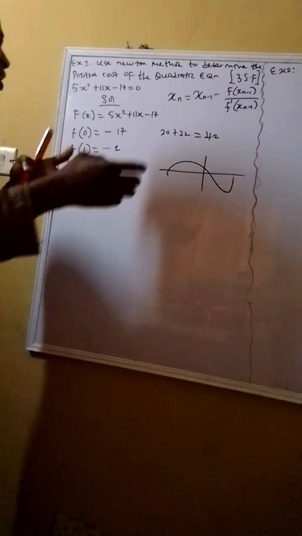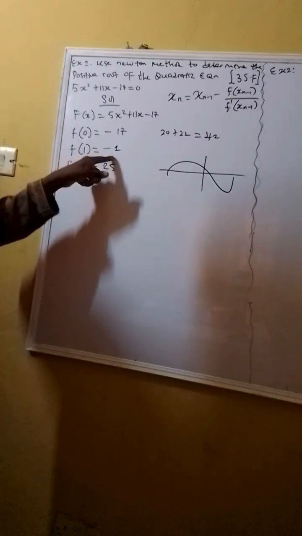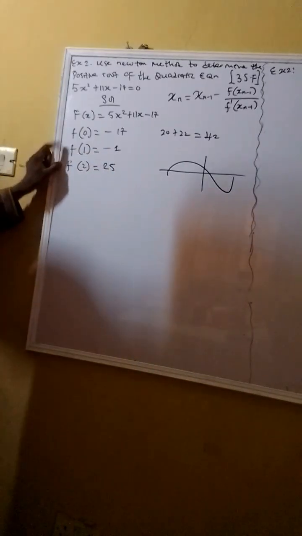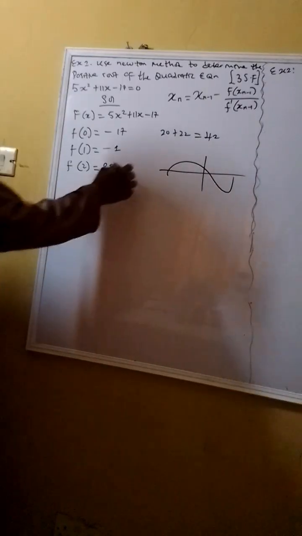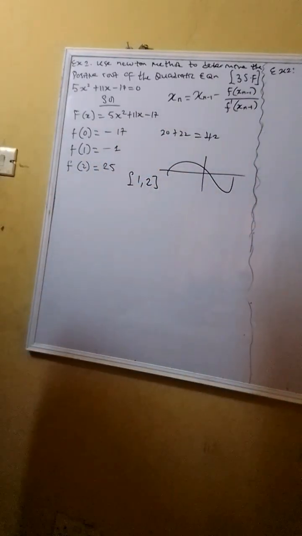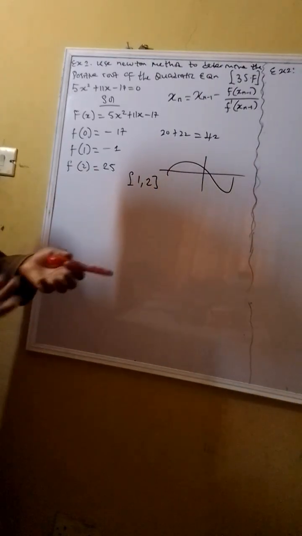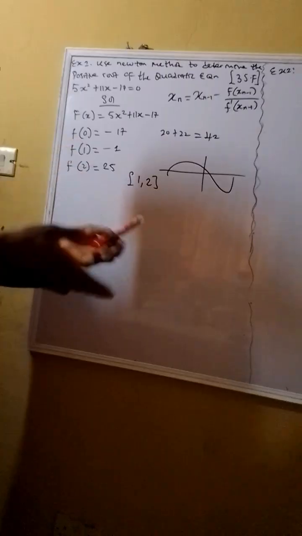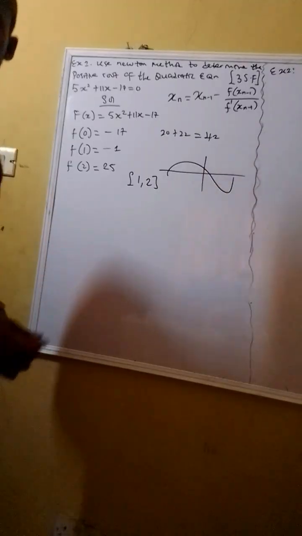We can't easily know exactly, but since it has crossed from positive to negative, the answer we are dealing with could be intermediate between these two values. So we can decide that the answer could be between 1 and 2. Are you getting what I'm saying? That's why I use the interval between 1 and 2. That means it can be 1.5, 1.6, 1.7. It can be 2 itself. Are you getting what I'm saying?